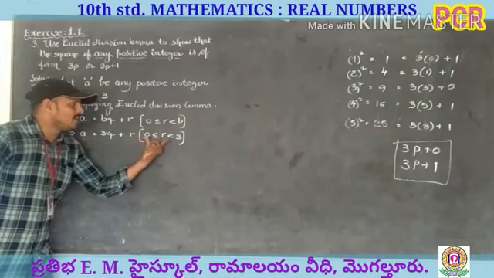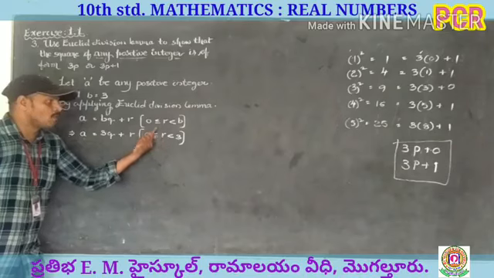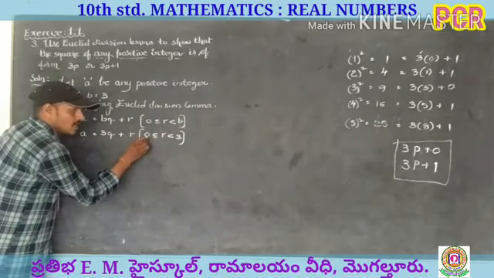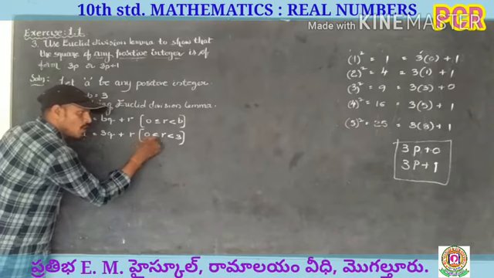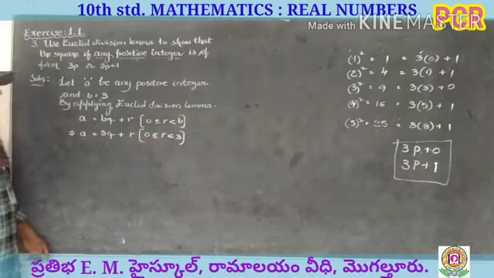Here r is in between 0 and 3, equal to 0 is included. That means what are the possible values of r from this condition, r is greater than or equal to 0 and less than 3?